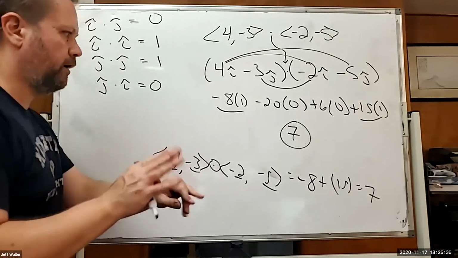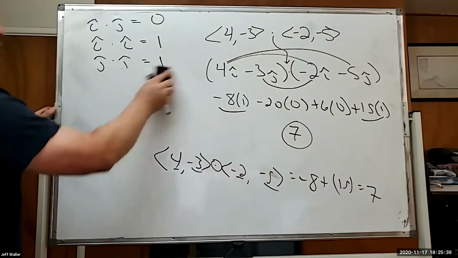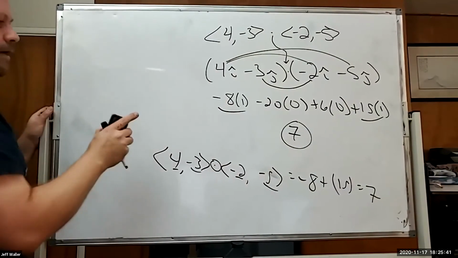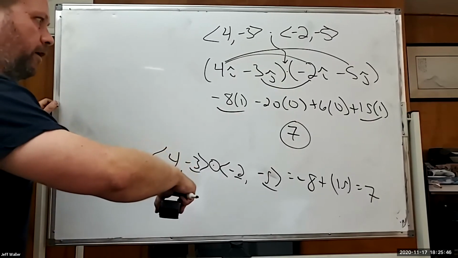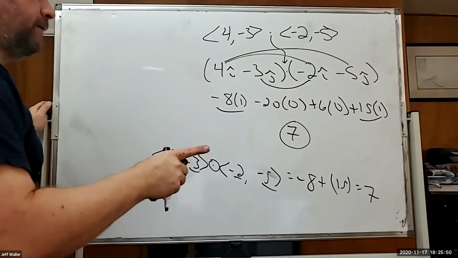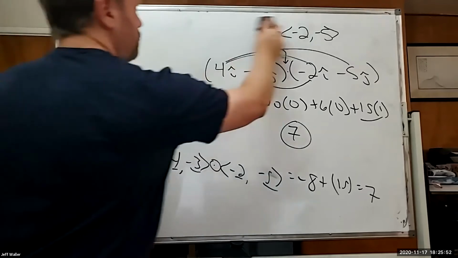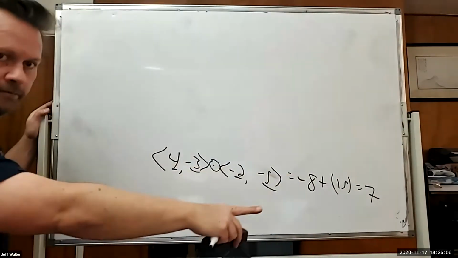Now, I want to come back. Let me write this in general. Let me write the general definition of dot product this way. And then I want to come back to that picture I had up here earlier, make a comparison, and then probably call it a night, because we've done a lot today. All right, I think everybody's got that.